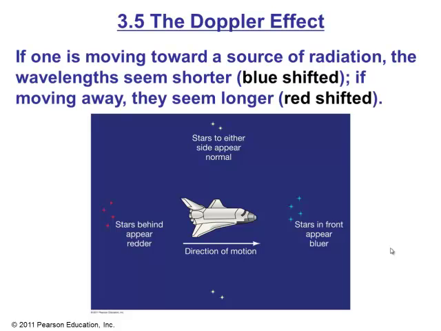So the Doppler effect is the apparent change in the wavelength of radiation caused by the motion of the source or the observer. When astronomers talk about the Doppler effect, they're talking about a shift in the wavelength of EM radiation. But the Doppler shift can occur in any form of wave phenomena, including sound waves.